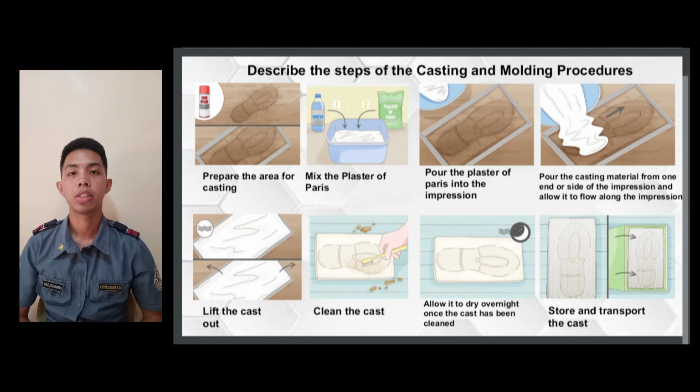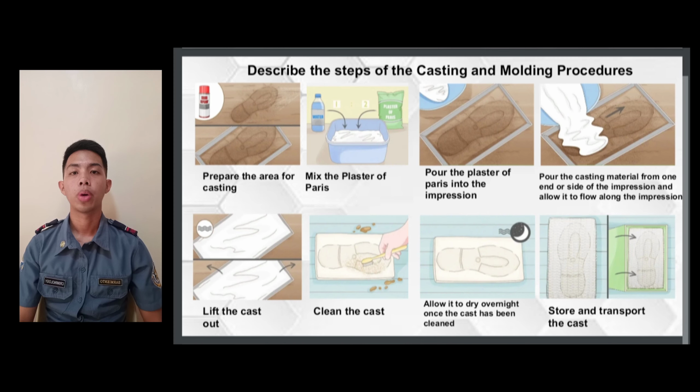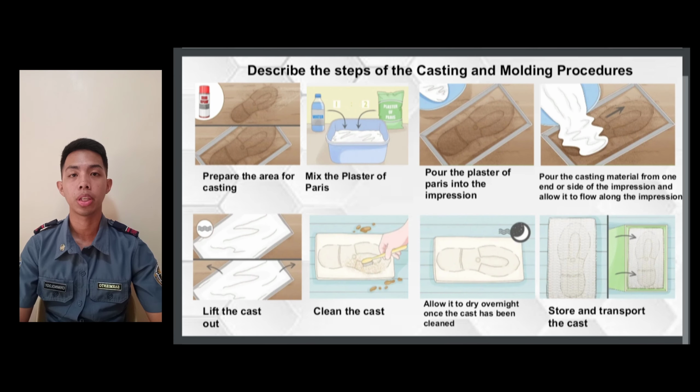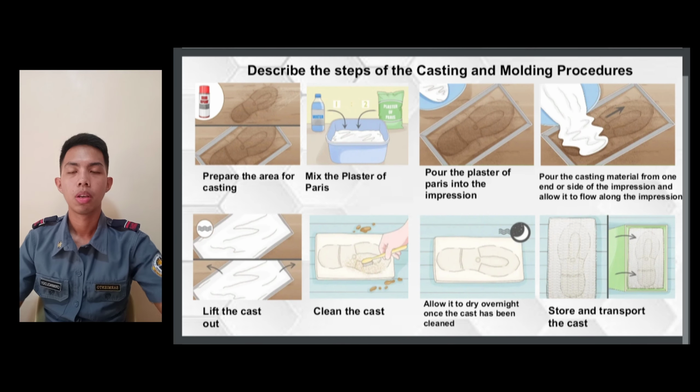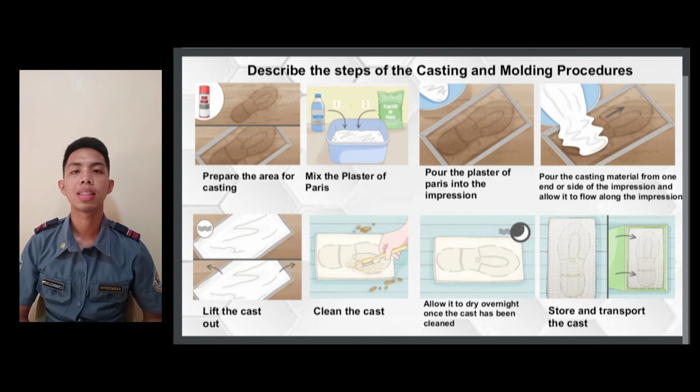A small piece of string or sticks can be pushed into the surface of the cooling material to reinforce it, so it is less likely to break into pieces when handled after lifting. A paper exhibit label tied to a piece of string can be attached by pressing the string into the casting material before it sets. Fifth, lift the cast out.